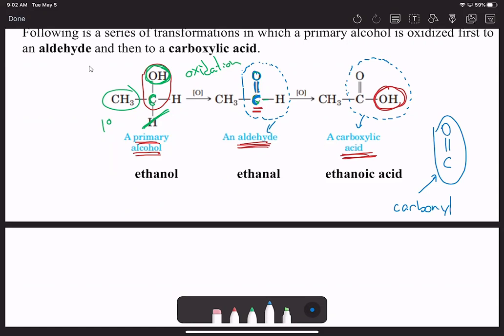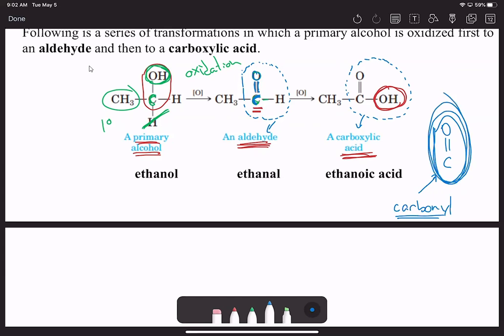I'm going to call it a carbonyl. So when I say the word carbonyl, you need to understand that I'm talking about a carbon double bonded to an oxygen. But it's not a functional group. We're not going to name anything from a carbonyl. It's just the name of this particular structure.